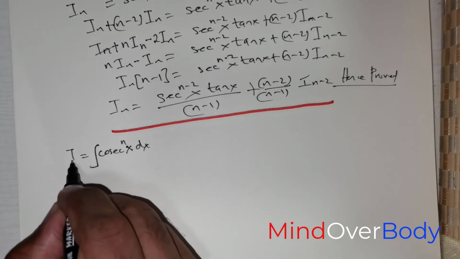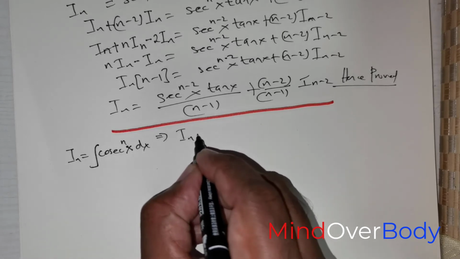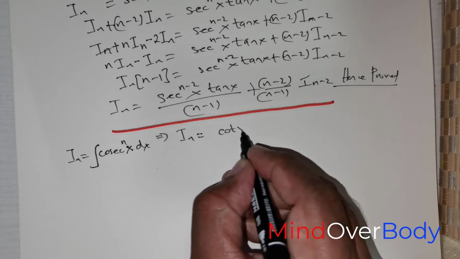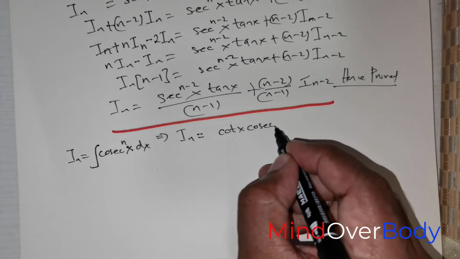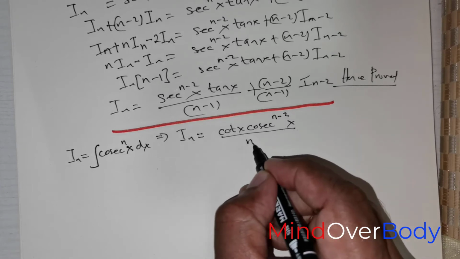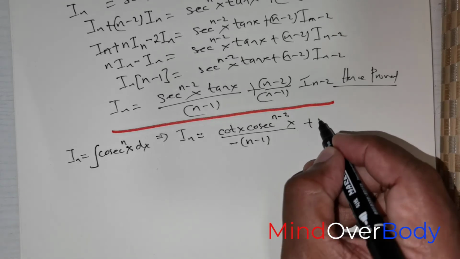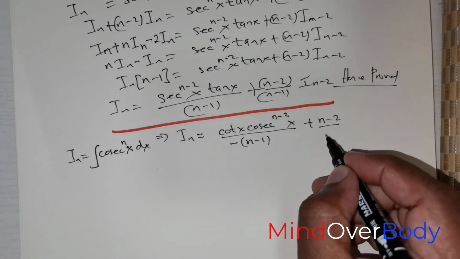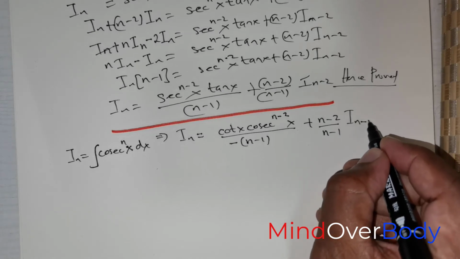If I take this as I_n, then we would have I_n equal to cot x times cosecant raised to the power of n minus 2 x divided by n minus 1 with the negative sign, followed by positive of n minus 2 over n minus 1 times I_{n-2}.